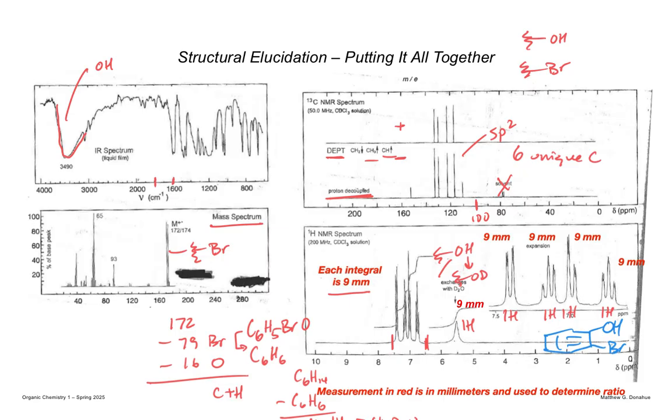So that's what that little bit of splitting is for. But overall, you see the general shape. You have a doublet, a triplet, a doublet, triplet, doublet, triplet. So that confirms the 1,2. We can reject the 1,3 because there's no singlet.